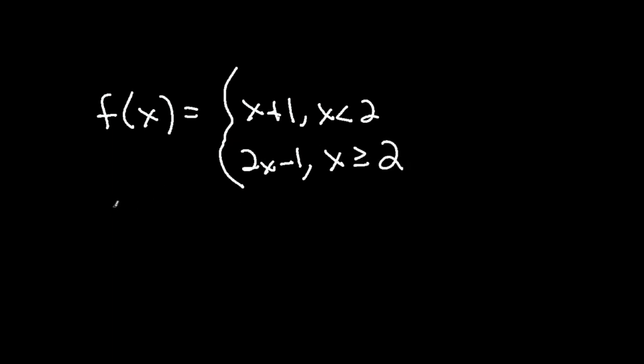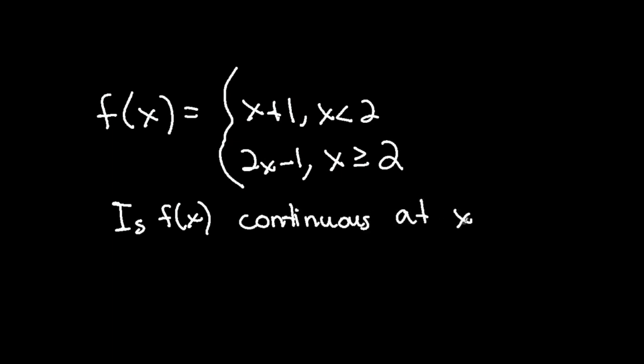So we want to know, is f of x continuous at x equals 2? So remember, there are three conditions that must be met. So the first condition is that f of c exists. So if we apply it to this question, f of 2 must exist.